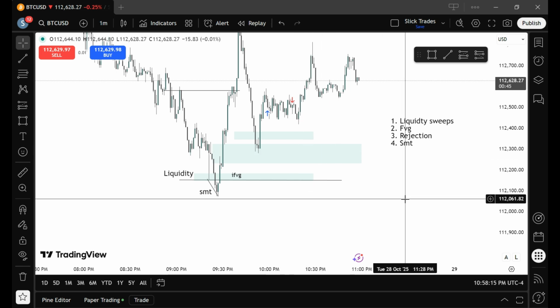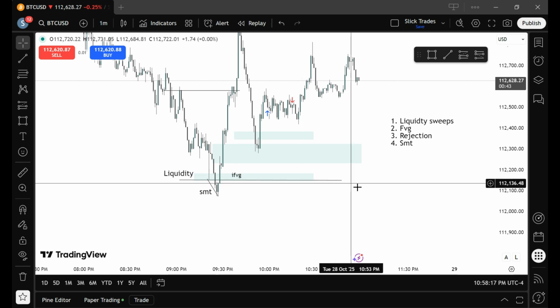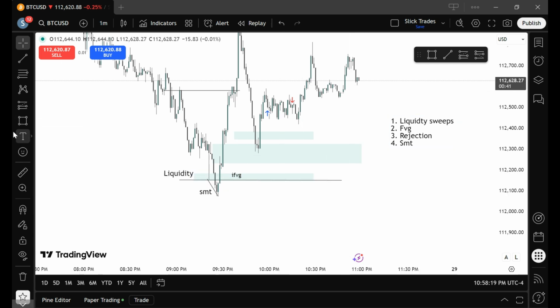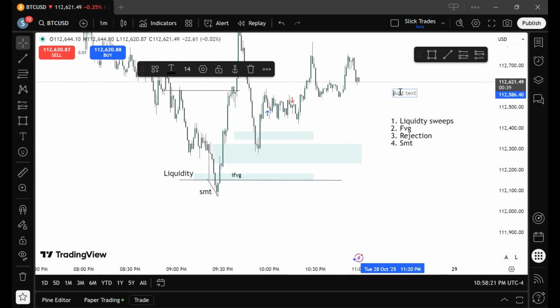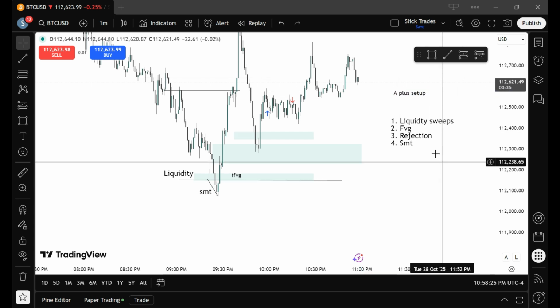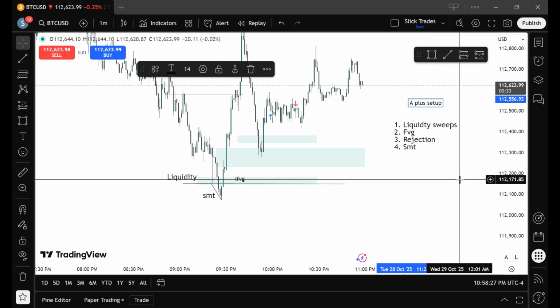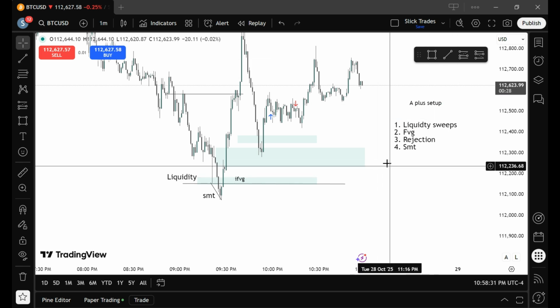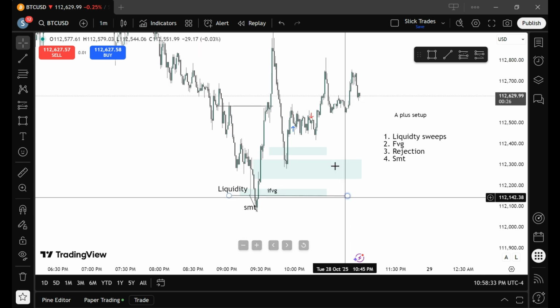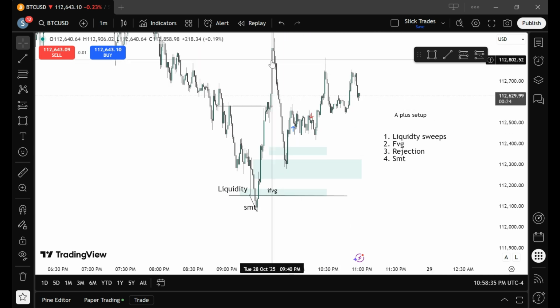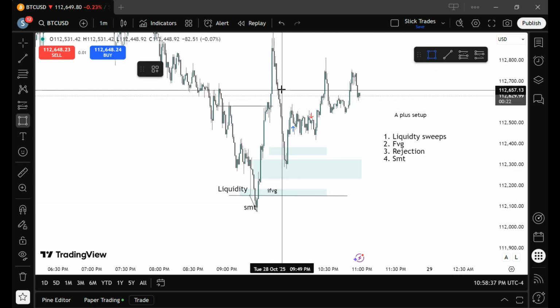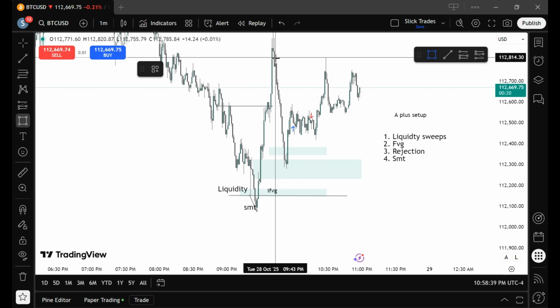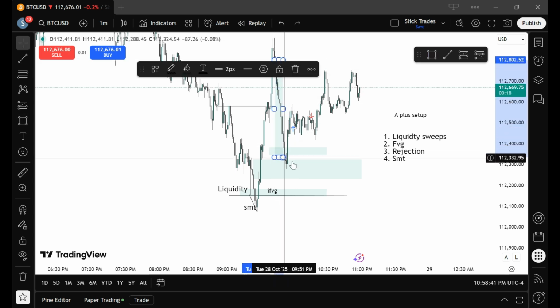That's pretty much the most basic way I can explain all this. What does this equal here? A plus setup. Now, you're not going to come across A plus setups all the time. Okay. Big things you want to stay away from is huge moves. Like, let's say it was just one candle that came all the way down like this.